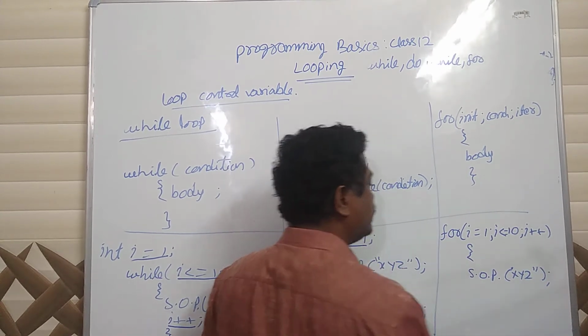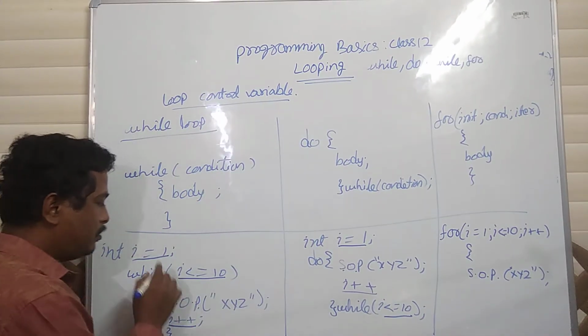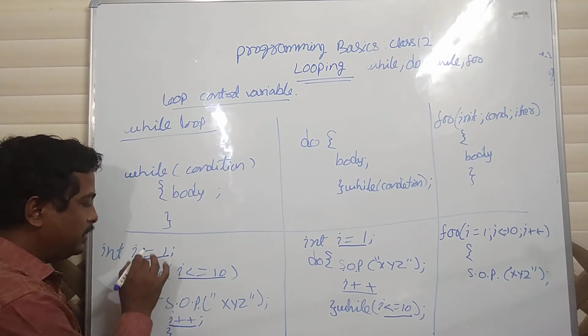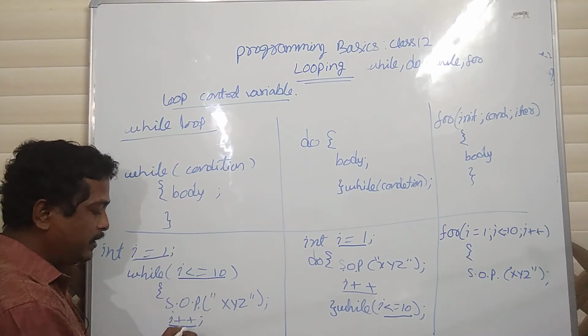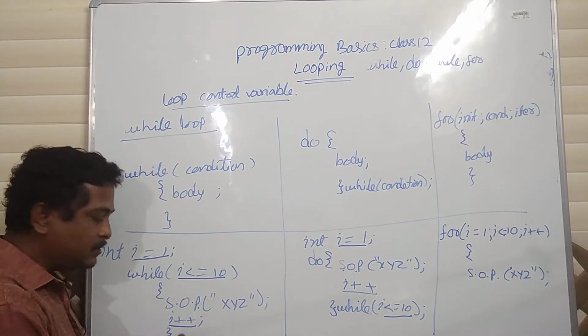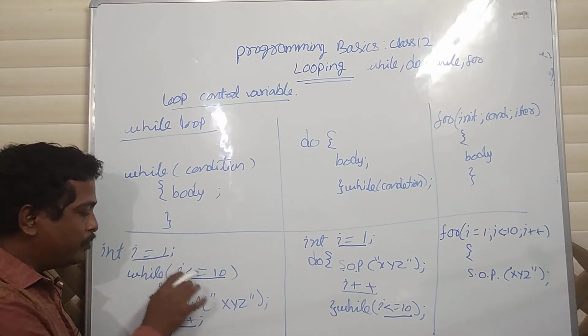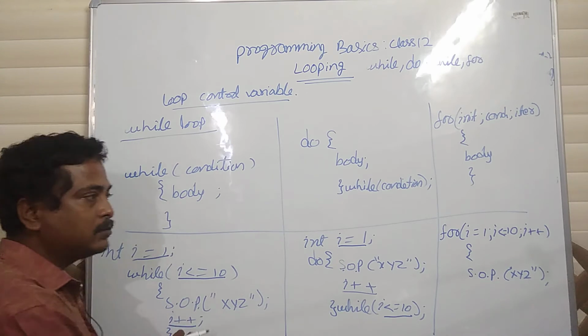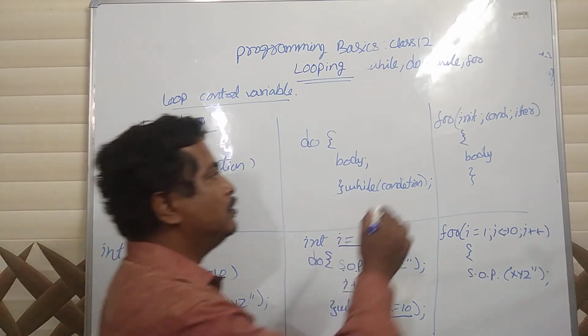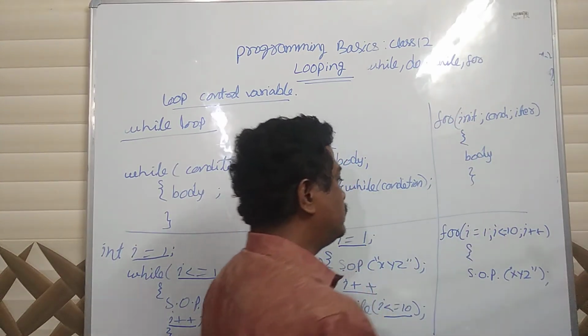So what is the difference? In for loop, all the three things: initialization, condition, iteration. Iteration means I value might be incremented or it may be decremented. In both the cases, it is called iteration. So here it is written iteration.